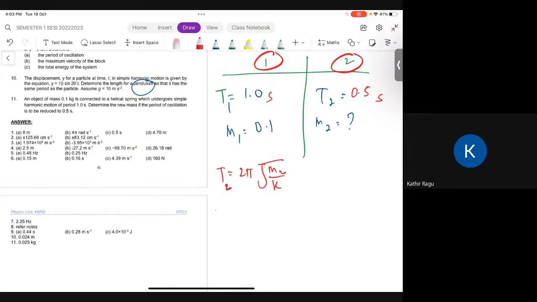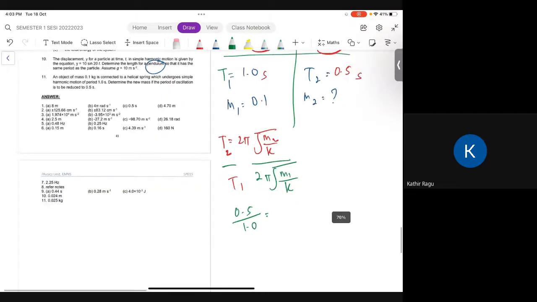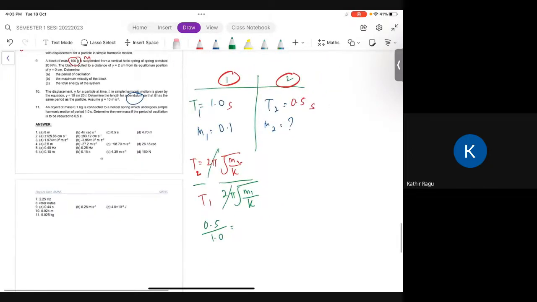T2 divide by T1, bahagi 2 pi square root M1 over K. Okay, apa yang boleh buat? T2 adalah 0.5. T1 adalah 1.0. Okay, 2 pi mati. K pun mati.